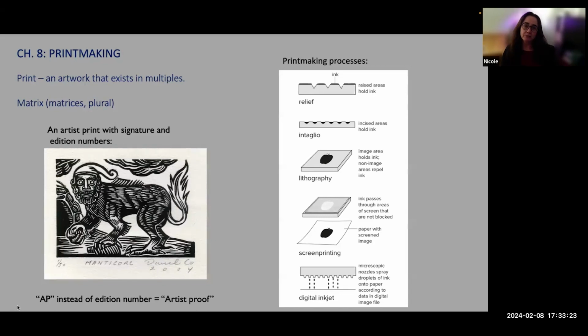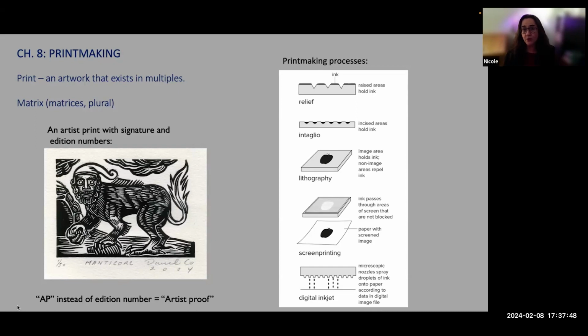A single matrix can be used to make many impressions, almost all of them identical, which is the point, right? And all of them considered original works of art. In general, there are two things that distinguish artist prints from mass-produced commercial prints. One is that the artist has a hand in creating or oversees the process of the print and also inspects those prints for quality. The second is that there may be a declared limit to the number of impressions made.